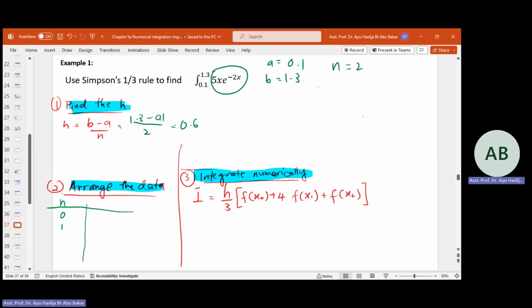N equals to 2, so you have 3 points, your x's and your f(x)'s. First point x0 is 0.1 because the given range starts from 0.1. Last point should be 1.3. So the intermediate is 0.7. Now find out your f(x)'s. I'll share you the answer. Check your answer whether same as mine.